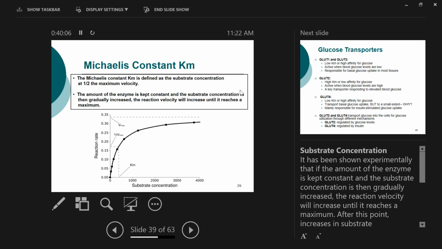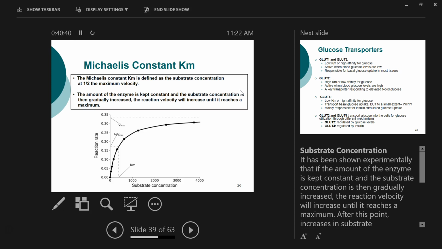So again, it depends on how easily the enzyme binds to the substrate. So this is sort of affinity. If the enzyme binds the substrate more easily, then the affinity of this enzyme for the substrate is high, right?